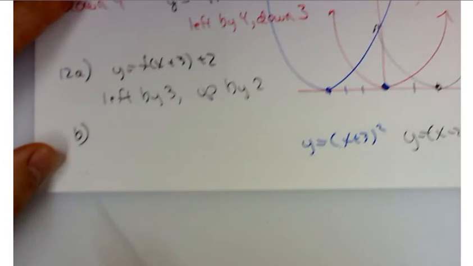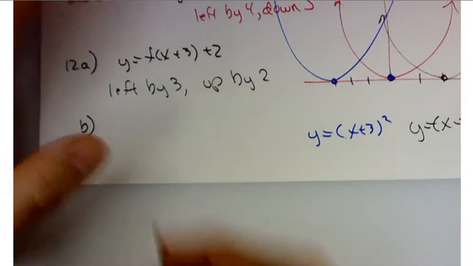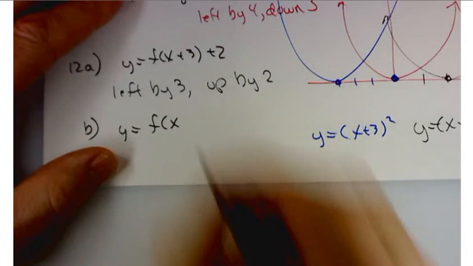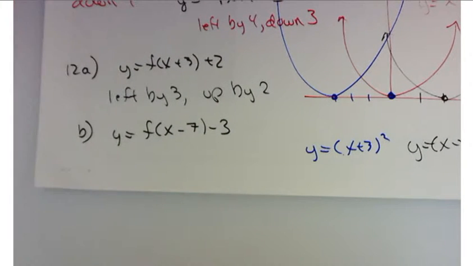Part B says y equals f of x minus 7 minus 3. So take a second, think about that, and let me call on somebody. Kenny, what do you think?